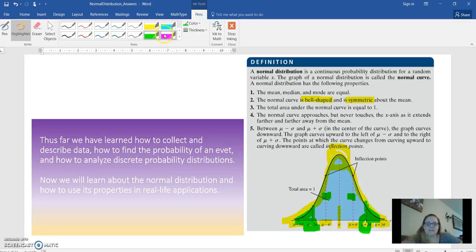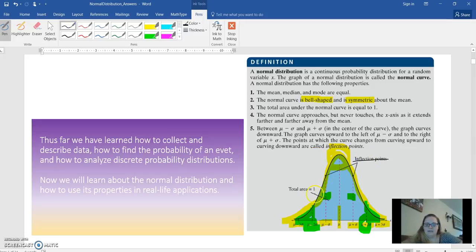All right, notice this line right here and right there, it never crosses the x-axis. It always just kind of hugs it. I'm not going to really be worried about those inflection points. You don't worry about that.